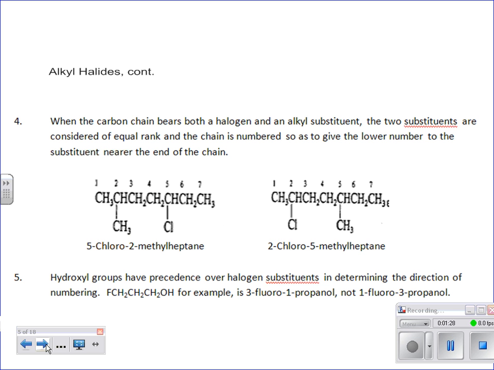Well, if you have an alkyl group or you have an alkyl halide, both of those have equal rank is what we end up seeing. So as far as numbering goes, you just want to make the lowest number possible. It doesn't matter which one it is, if it's halogen or an alkyl group. However, when you have a hydroxyl group, again, that's just your OH, it does take precedence over the numbering system, so it's always going to be the lowest number.